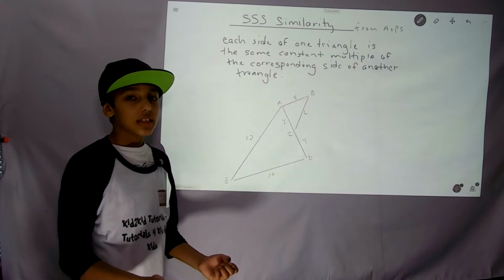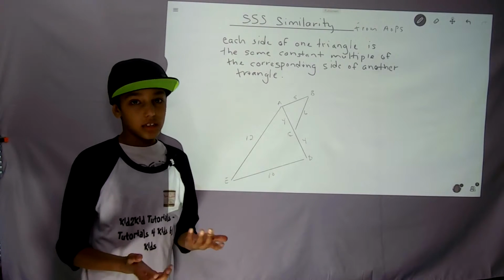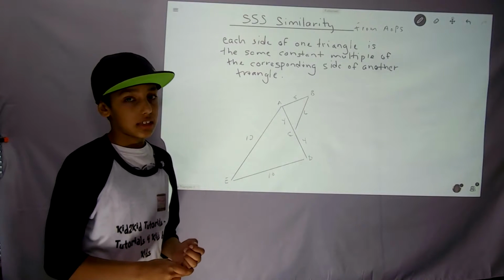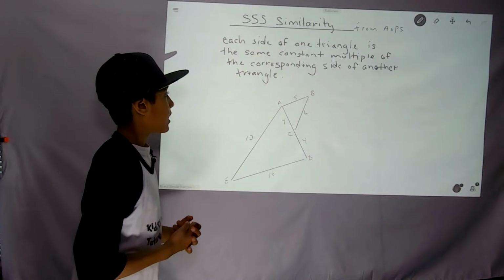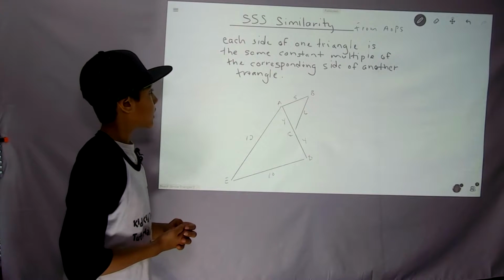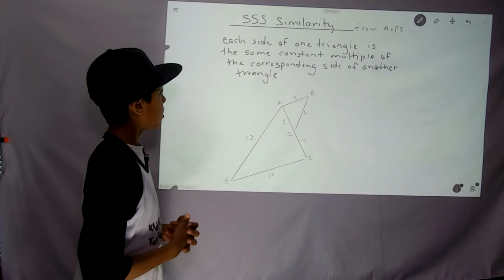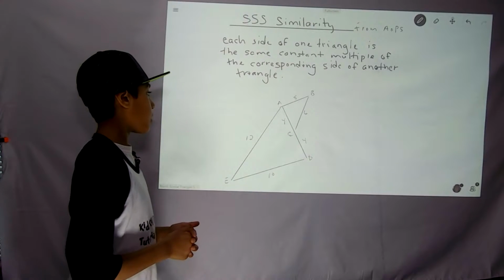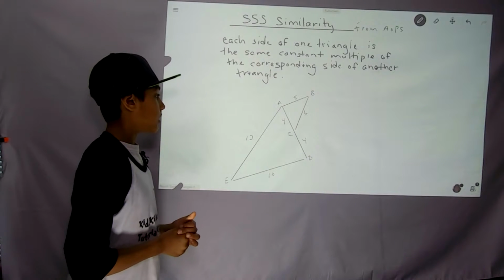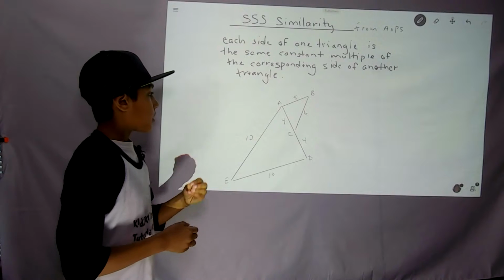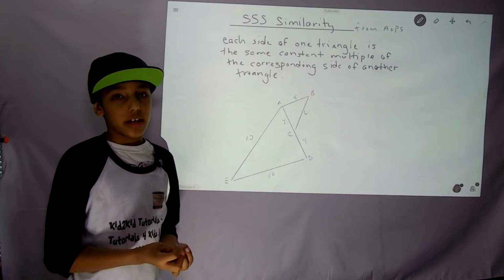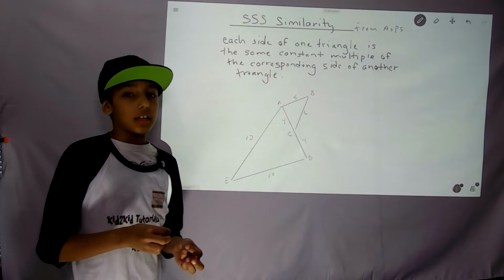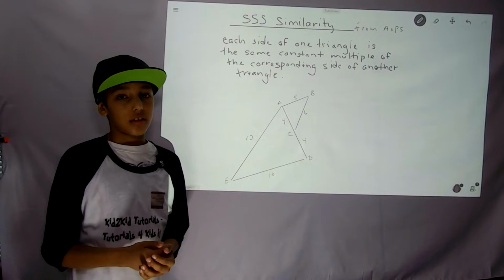Before we start on the next problem, you have to know what SSS similarity is first. SSS similarity is where each side of one triangle is the same constant multiple of the corresponding side of another triangle. That means all three sides of one triangle must correspond to all the sides of another triangle.